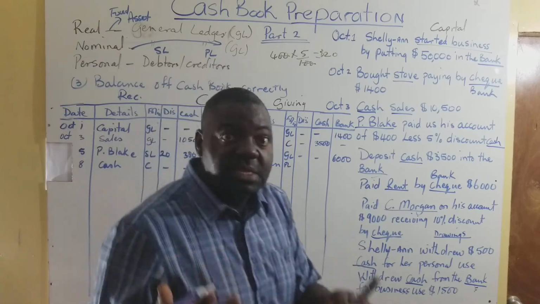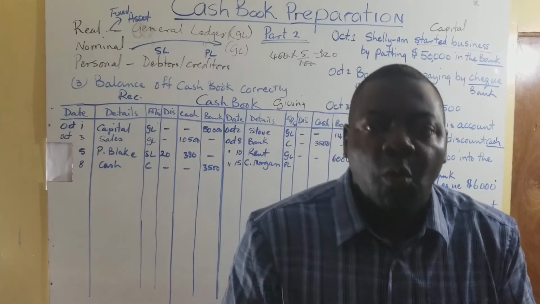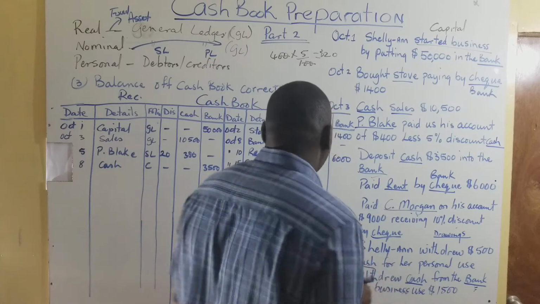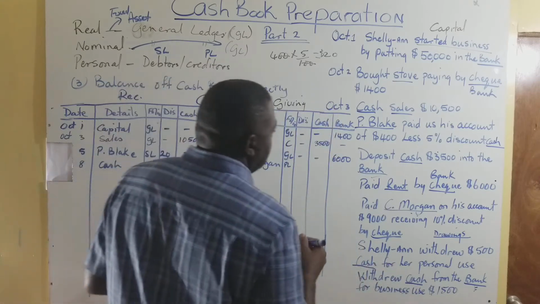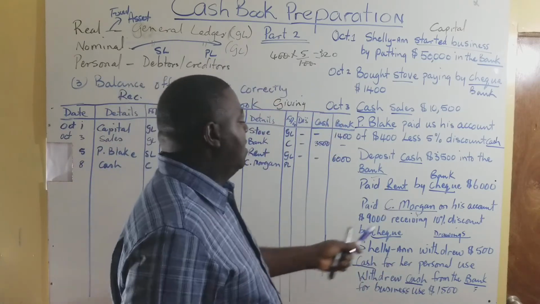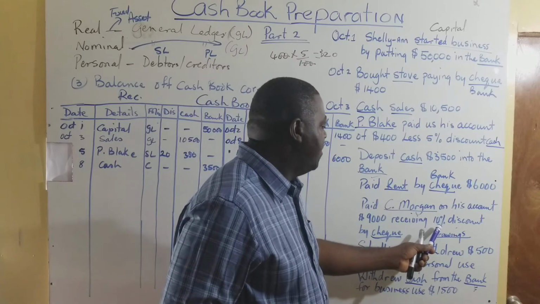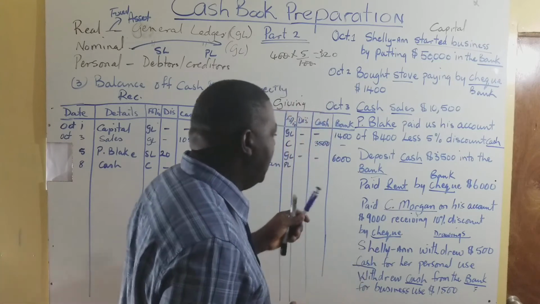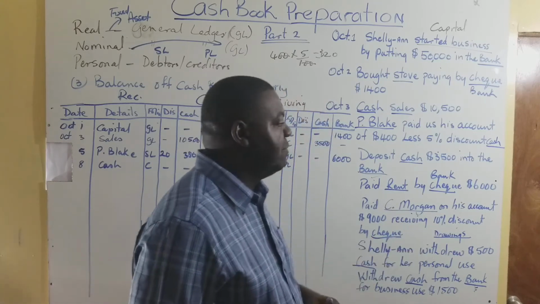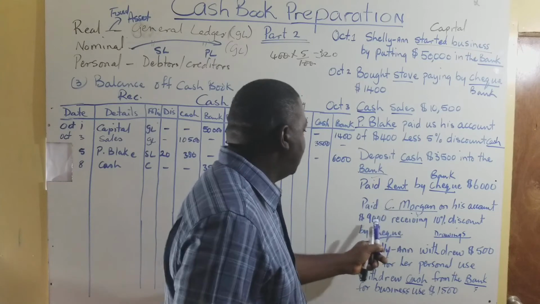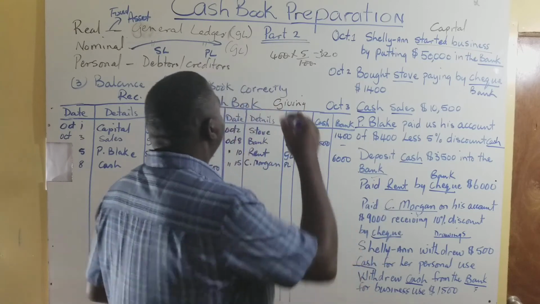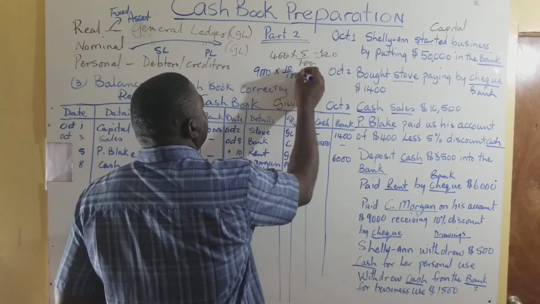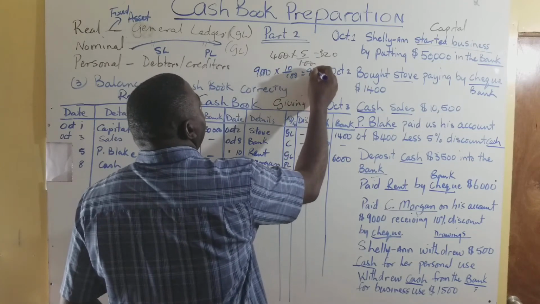If we are paying C. Morgan, it would have meant that we bought something from C. Morgan previously on credit. In this instance, C. Morgan is giving us 10% discount. So 10% of the 9,000, that is 9,000 times 10%, and that is going to be what? 900.